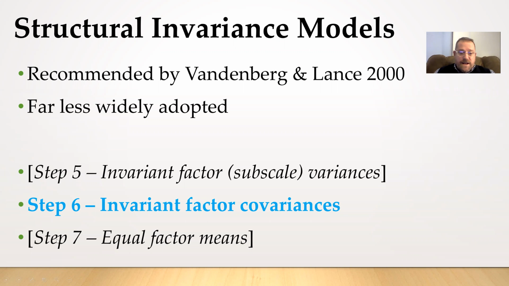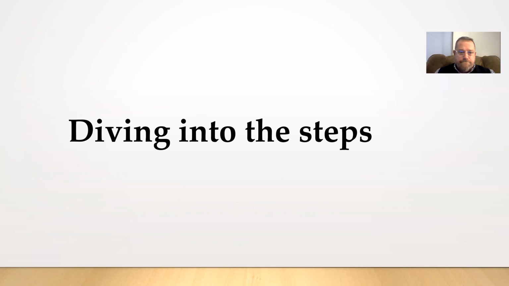And step 7 is, do they have equal means across groups? These steps are testing structural invariance. The way we're going to set up the model in the code that I'm showing you today, we will only be able to test step 6, do the factors correlate to the same degree, to test structural invariance.